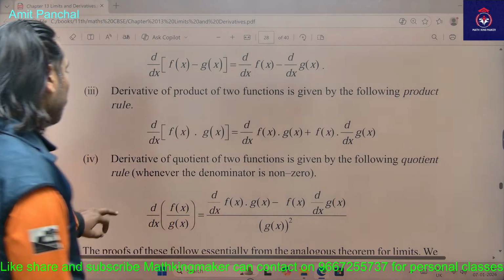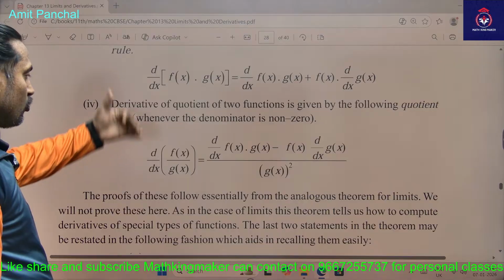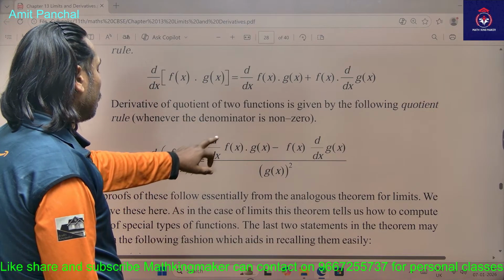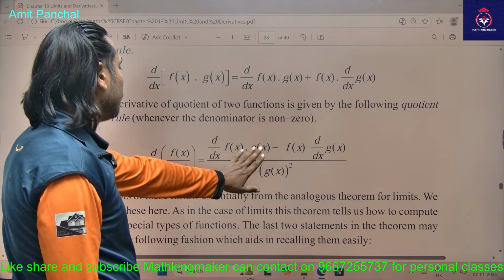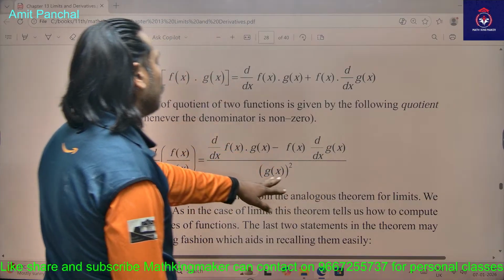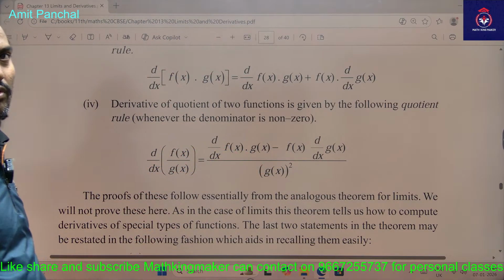And the quotient rule is quite different. If f(x) by g(x), you will write the differentiation of f(x) into g(x) as it is, minus f(x) and the differentiation of g(x), and in the denominator g(x) whole square.